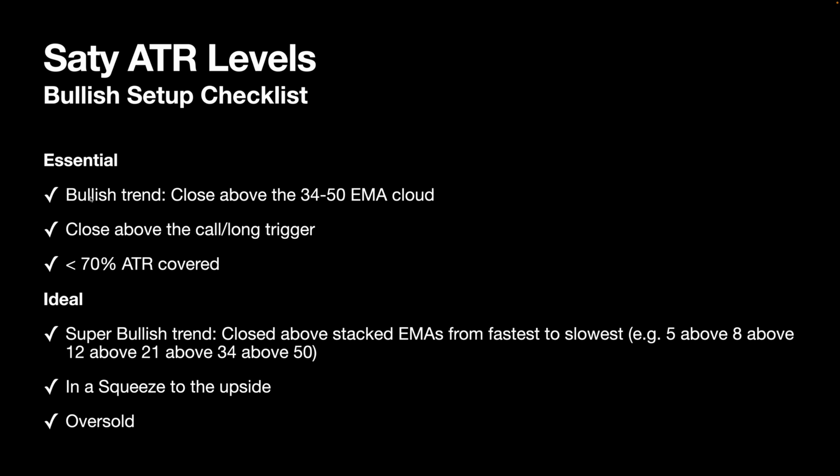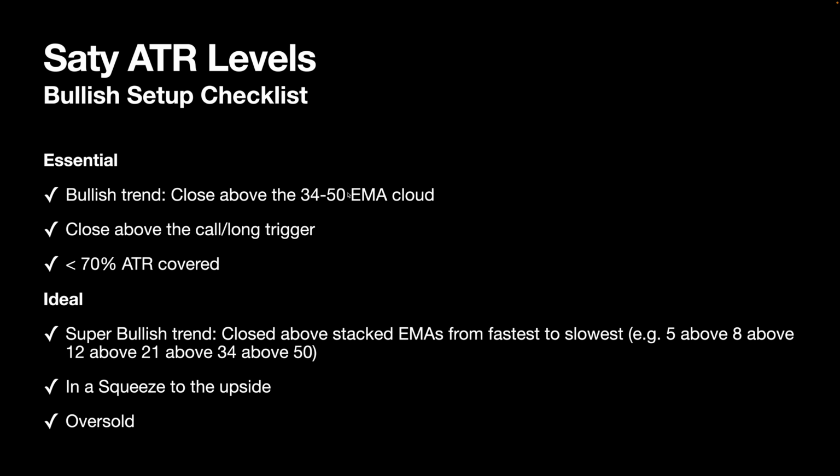That means that it's bullish. If it's above the 3450 and above the 512, that's a little extra bullish, and that'll give you a little bit more confidence. That, in fact, is when the trend label for ATR levels will go green. So it's going to go green when it's above the 3450 and above the 512, giving you some extra confidence to know that you're in a bullish trend.